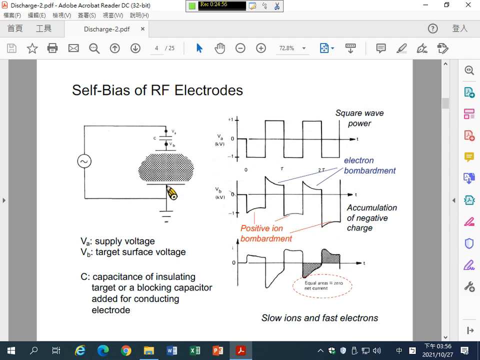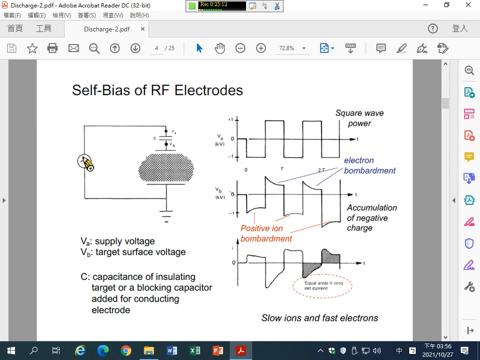So at this point, for the bottom electrode, the potential is 0 volts because it is grounded. This part is called RF ground.